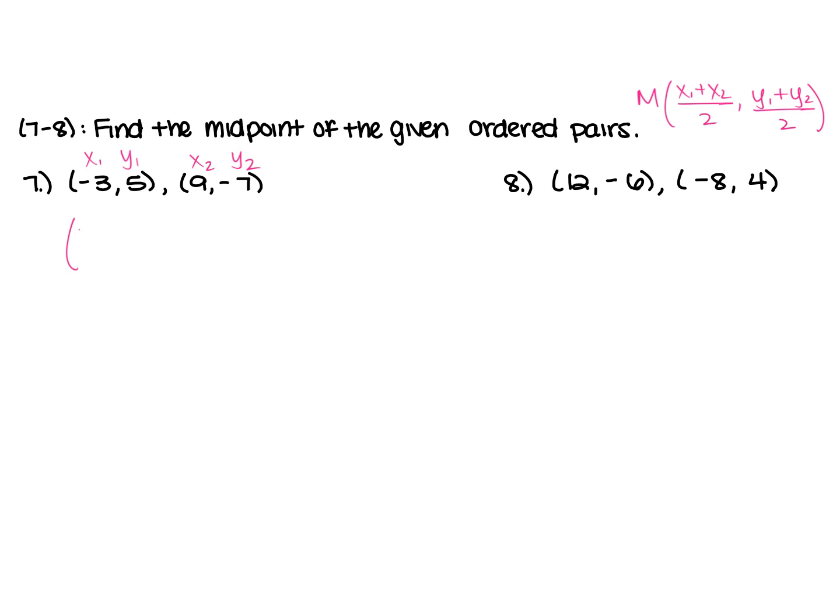This is going to give you (-3 + 9)/2, comma, (5 + -7)/2. Negative 3 plus 9 is 6 over 2. And 5 minus 7 gives you negative 2 over 2. Simplifying both of these, you are left with (3, -1).